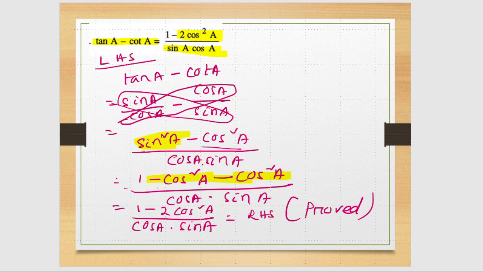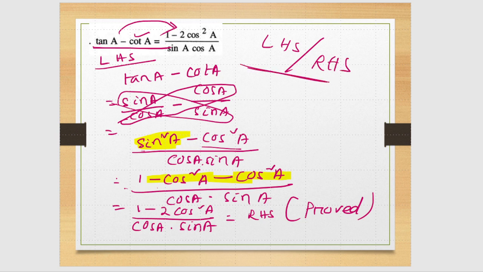So I took here tan A and cot A. Otherwise I can take cos square A and prove tan A and cot A. But going from tan A cot A to cos A sin A is easy, so I prefer just taking this one. You also think which one you will take. You can take either LHS or RHS, and prove the other according to your convenience.